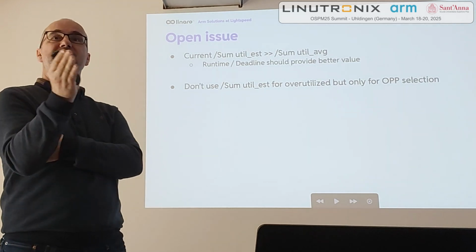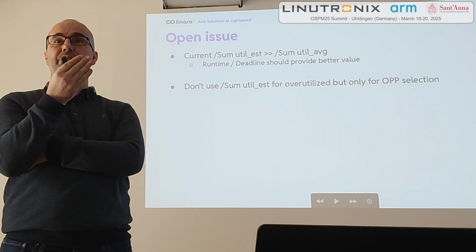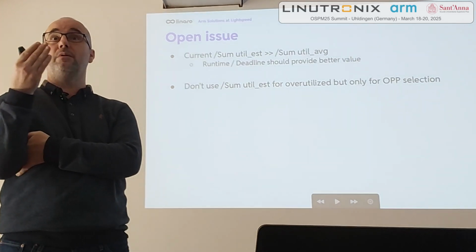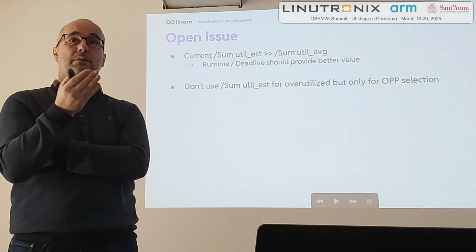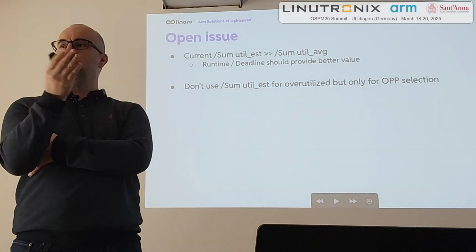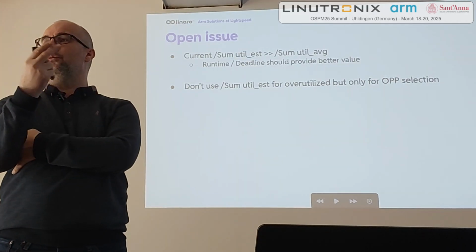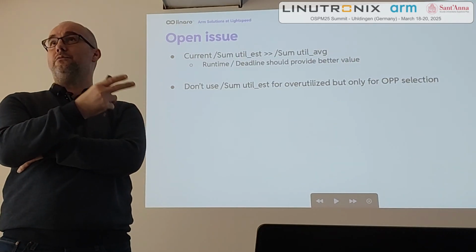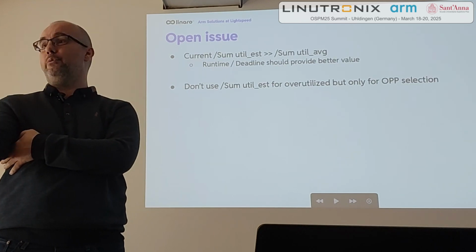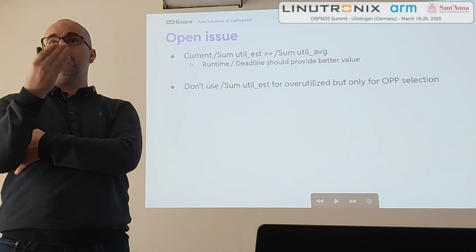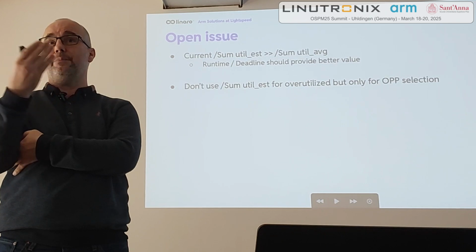What is clear is that if you use the UTLS, you will be overutilized even if you have some idle time on the CPU right now. We discussed, it was with you, Dietmar or Pierre, about these two tasks running 40 milliseconds every 100. The sum of UTLS is higher, whereas we still have some idle time.